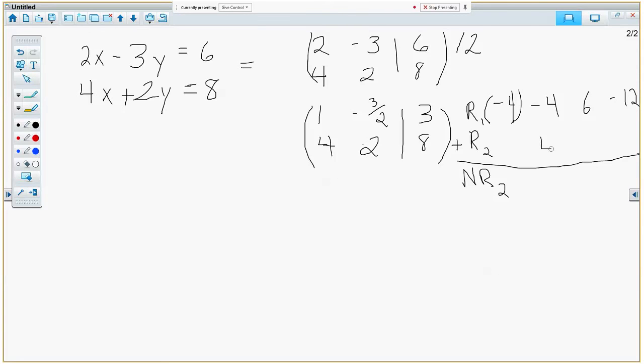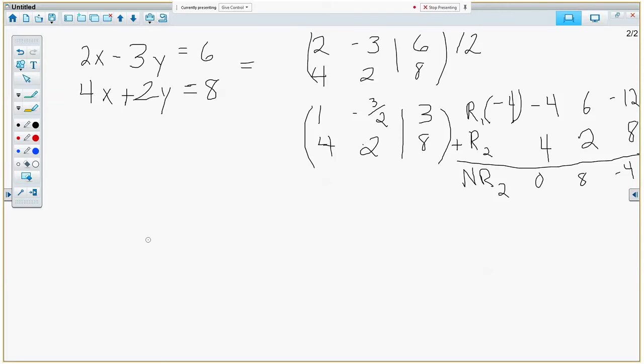Add it to row 2. And what's negative 4 plus 4? Here's our 0. And 8. And negative 12 plus 8 is negative what? 4?